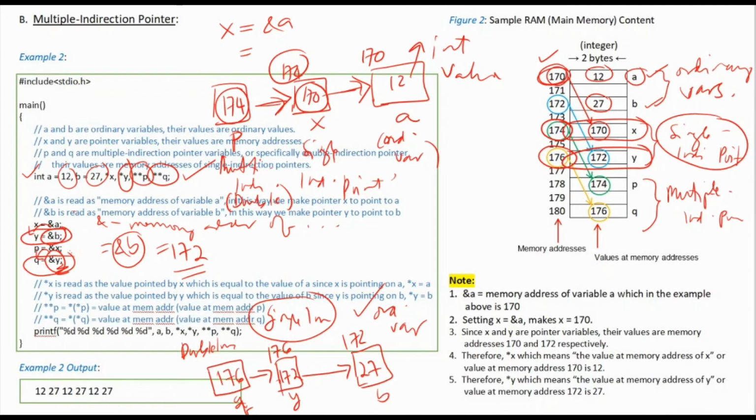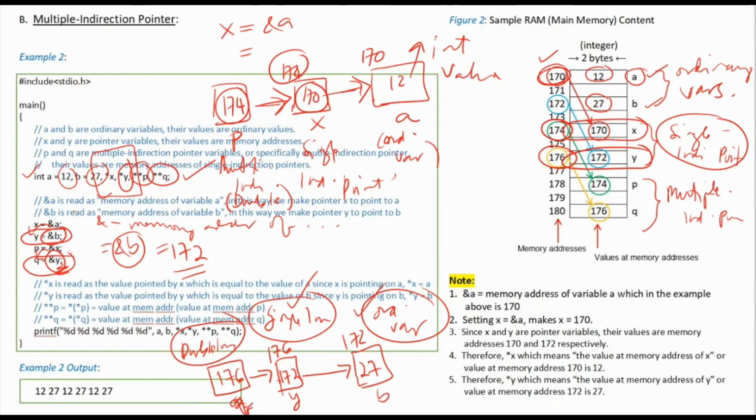So what you can assign only to point to ordinary variables are single indirection pointers, those variables prefixed with a single asterisk in the variable declaration, okay, as you can see here. And what type of pointer can point to a single indirection pointer? It's the double indirection pointer like Q or P.